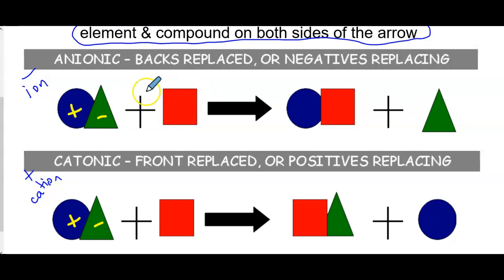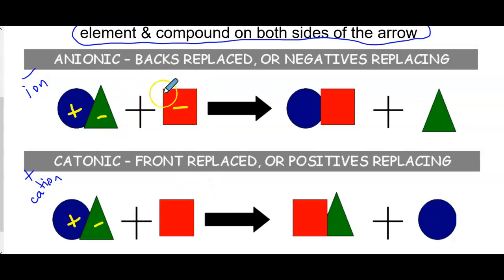If you notice here, this guy comes in and kicks out what? It kicks out the triangle. So if I kick out a negative, I have to kick out a negative with a negative. So this would have to be negatively charged if it goes in its place. So the square is negatively charged, means it kicks out the triangle. And that's what we call an anionic replacement.